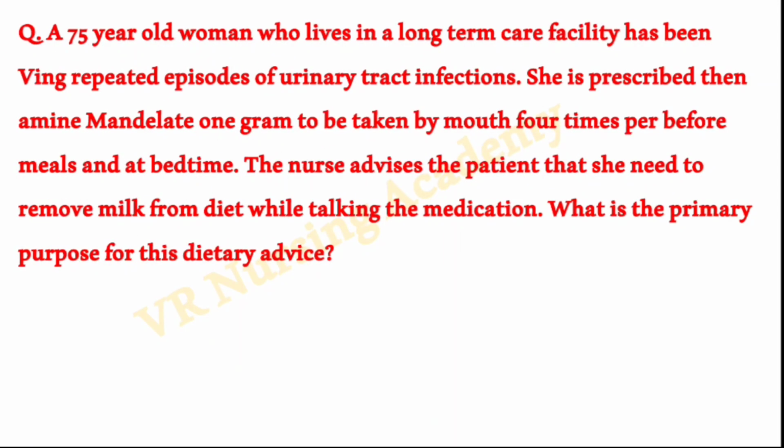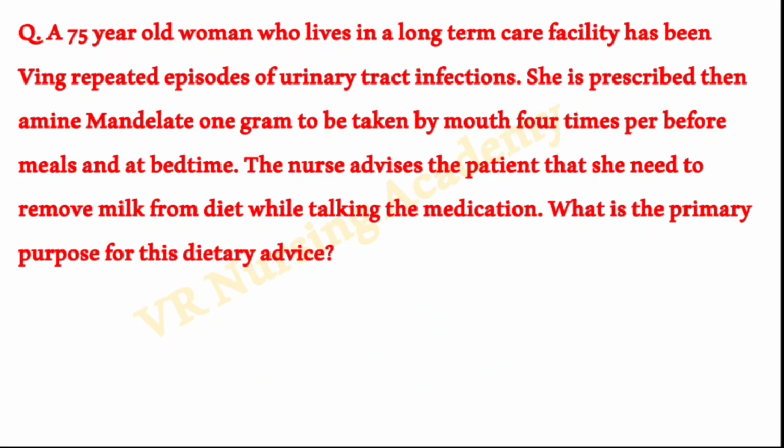Next question. A 75-year-old woman who lives in a long-term care facility has been having repeated episodes of urinary tract infections. She is prescribed methenamine mandelate 1 gram to be taken by mouth 4 times per day, before meals and at bedtime. The nurse advises the patient that she needs to remove milk from the diet while taking the medication.